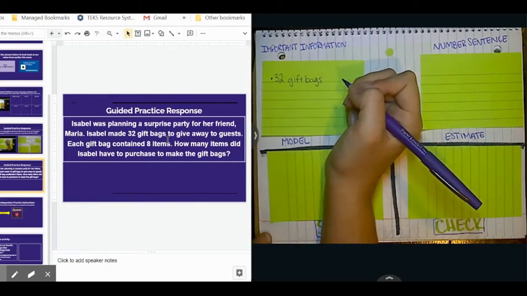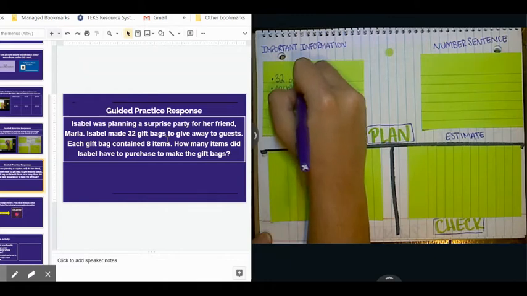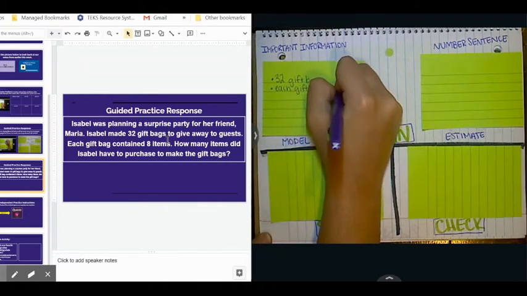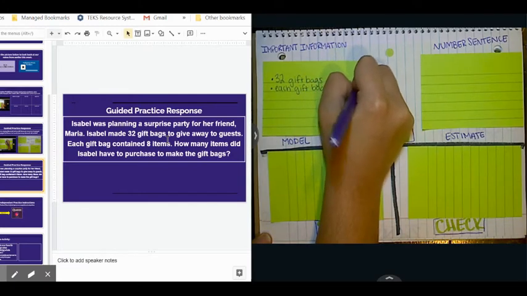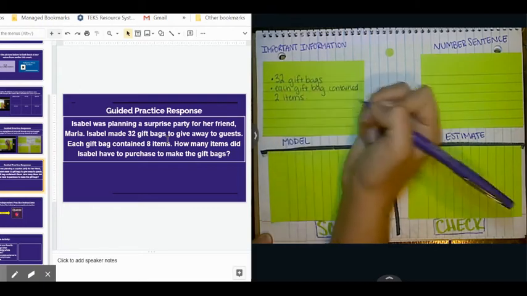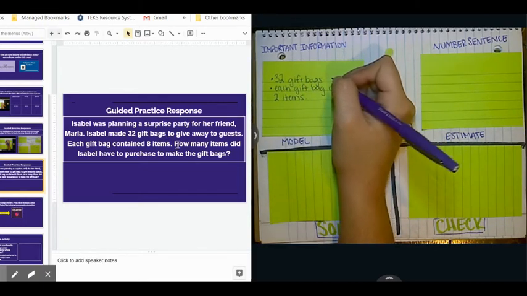Each gift bag contained 8 items. So each gift bag contained 8 items. Oops, not 2.